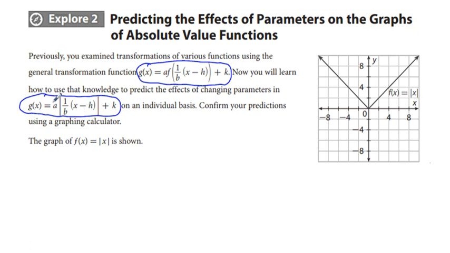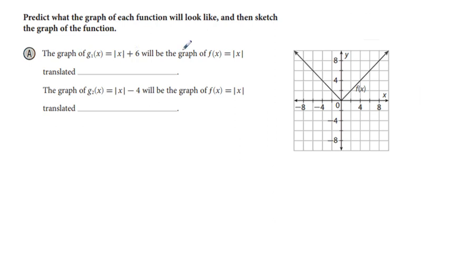A lot of times I tend to look at a and b together, and we're going to talk about what they are. A is the vertical stretch or compression, and b is the horizontal stretch or compression. Here we have the graph of absolute value of x shown, and then it says the graph of g1 of x equals absolute value of x plus 6 will be the graph of f of x equals absolute value of x translated.